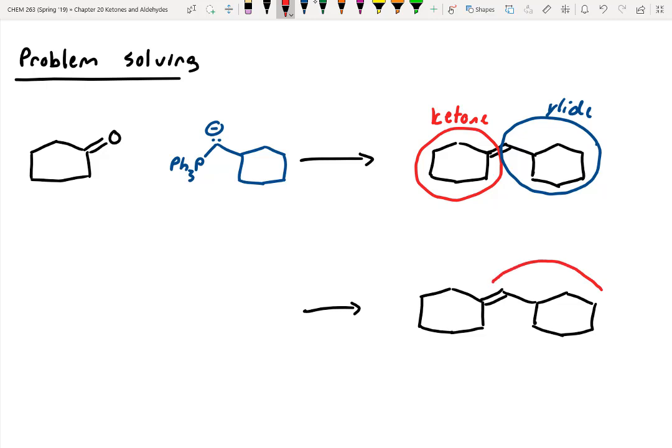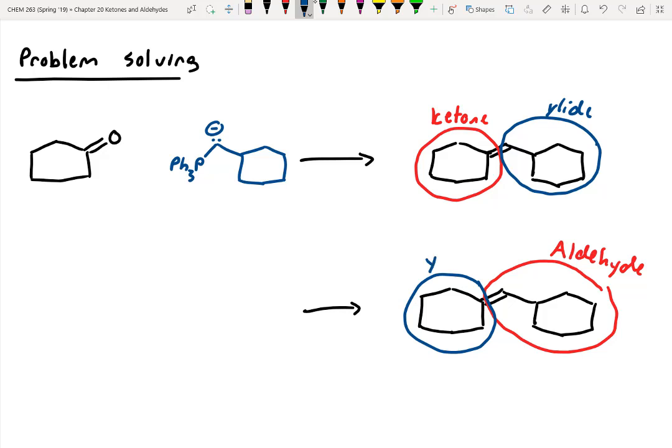Maybe this whole chunk was an aldehyde, and maybe this was our ylide. And so let's think about our ylide, what that would look like. So our ylide in this case, oops, I forgot my positive charge here.